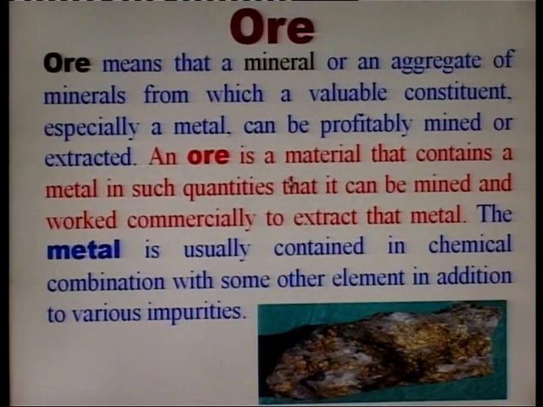An ore is a material that contains a metal in such quantities that it can be mined and worked commercially to extract that metal. The metal is usually contained in chemical combination with some other elements in addition to various impurities.